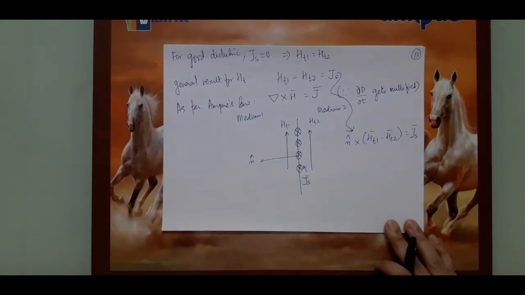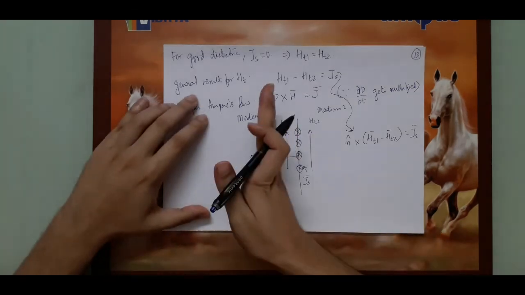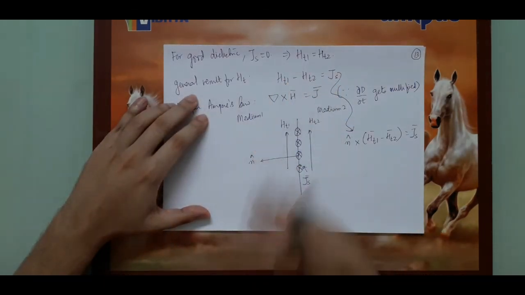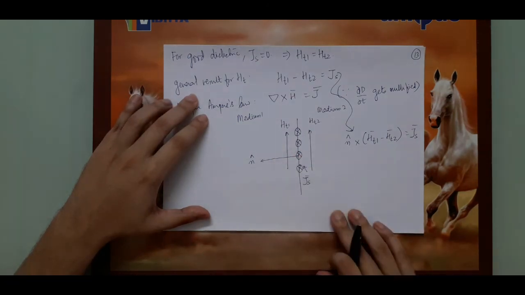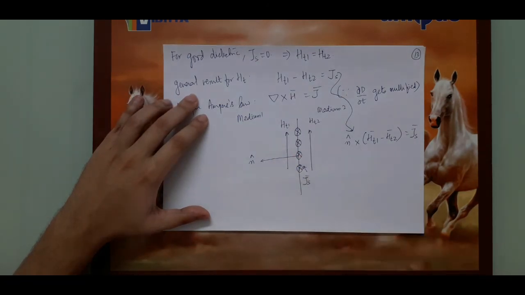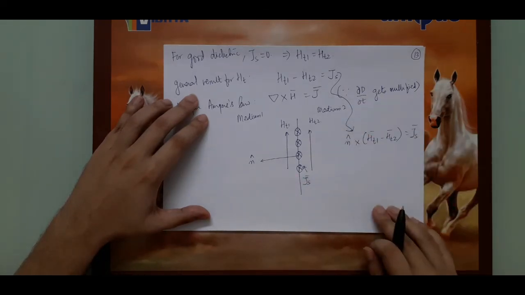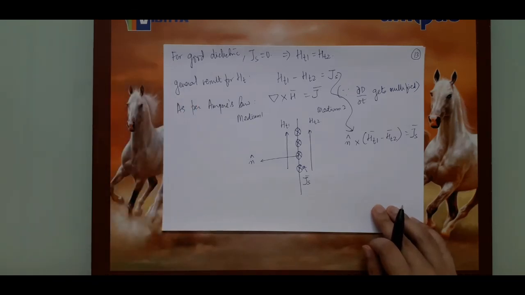That is how it is. So what we are seeing is, if you have two different tangential components of the magnetic field at the two boundaries, in general a surface current will be created which is perpendicular to the plane of the paper.